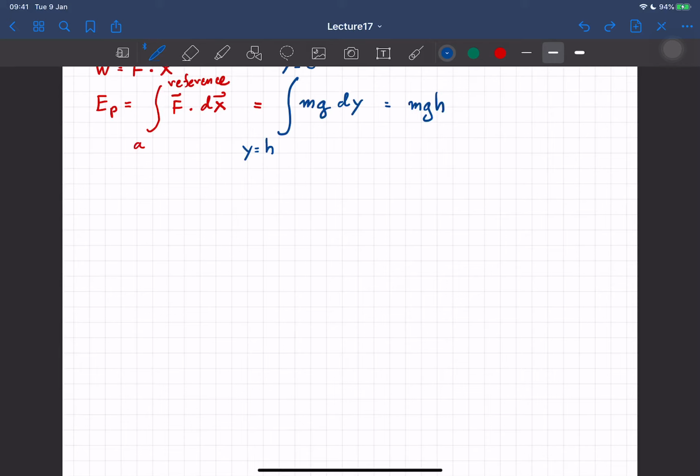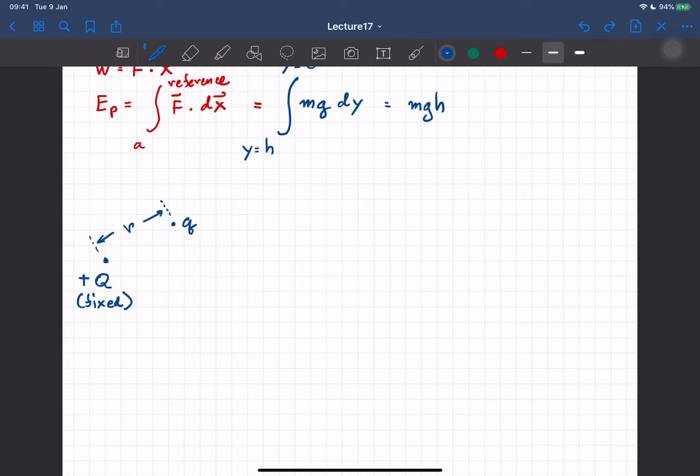So imagine that we have one charge, which is again plus big Q, and we have a small charge, which is q here, and they are distance r away from each other. Let's say this one is fixed, meaning that it doesn't move, and this one is what we are free to move around.